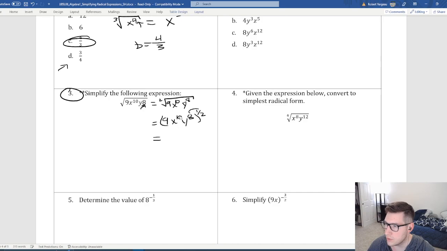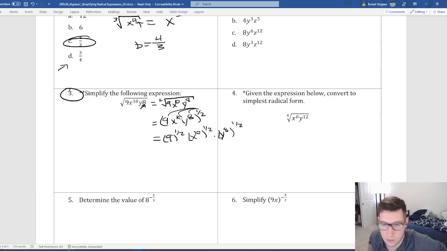I'm going to take this, distribute this in: 9 to the 1/2 times x to the 10th to the 1/2 times y to the 8th to the 1/2. Now, you heard me mention this yesterday, and I apologize for not mentioning it earlier in the notes.